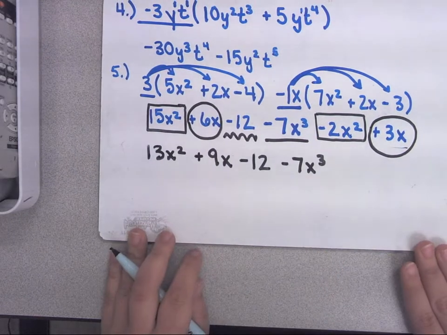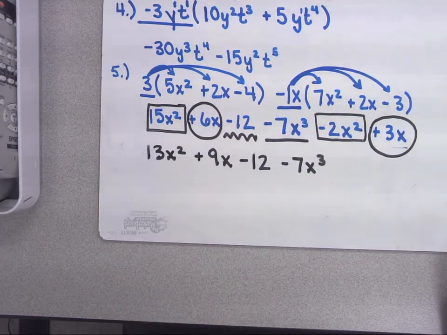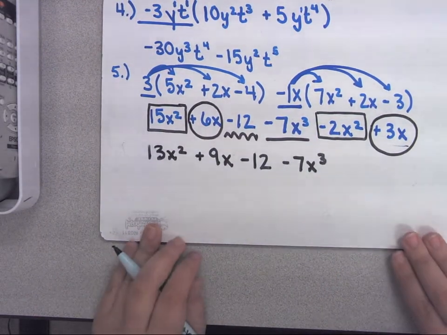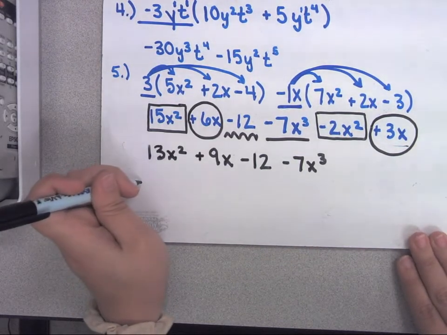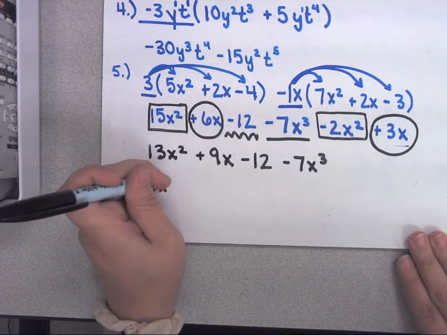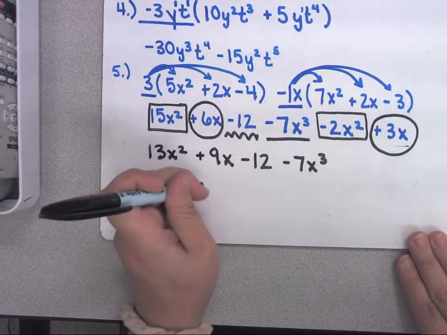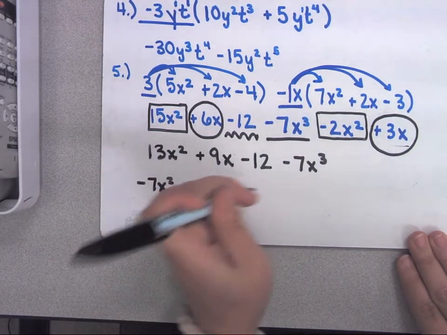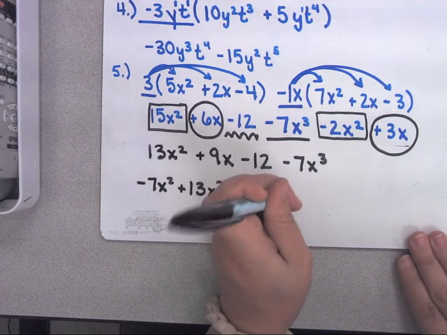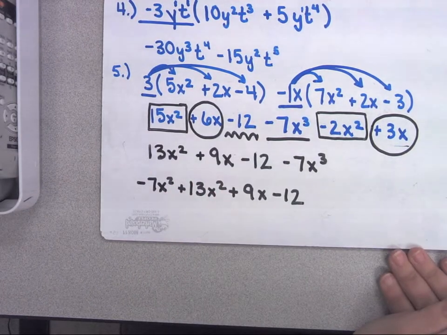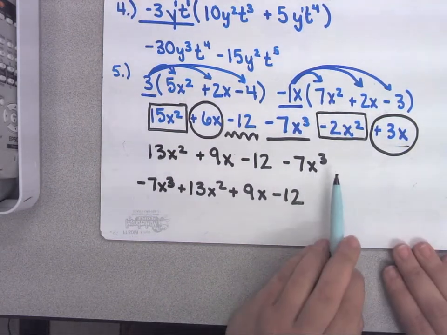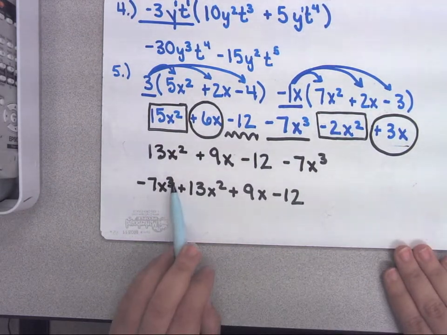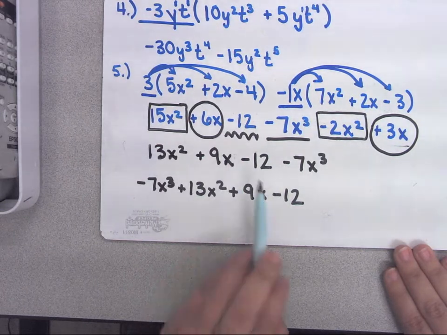Since these only have one variable, Derek, can we put it in standard form? Okay. What are we going to do? Yeah. Correct. Oop, that's a 3. You take the biggest power and put it in front, the next biggest power, the next power.